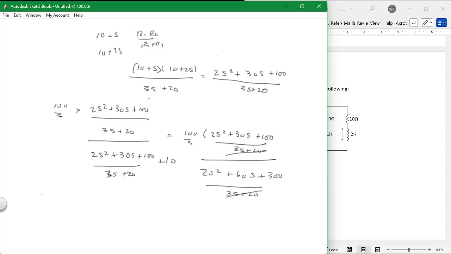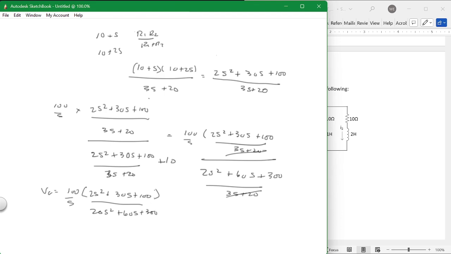So this is my voltage across my output, or I call it my VA. My VA is equal to 100 over S times 2S squared plus 30S plus 100 over 20S squared plus 60S plus 300.